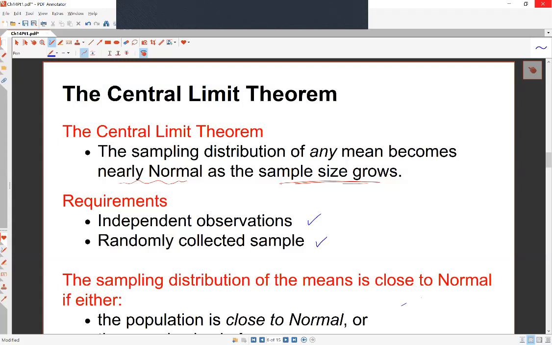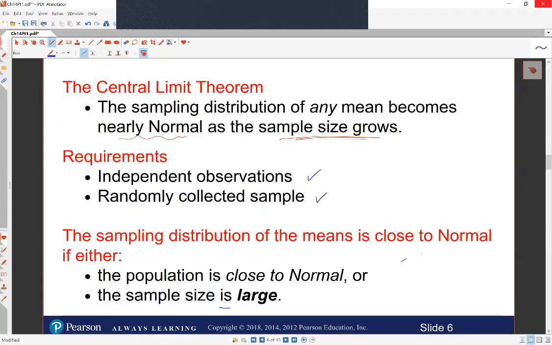There needs to be a random aspect to how the data are collected. If that is true, then as long as your sample size is large enough, or if you started with a population that looked very normal to begin with, if one of those things is true, then the sampling distribution of the means will be close to normal.